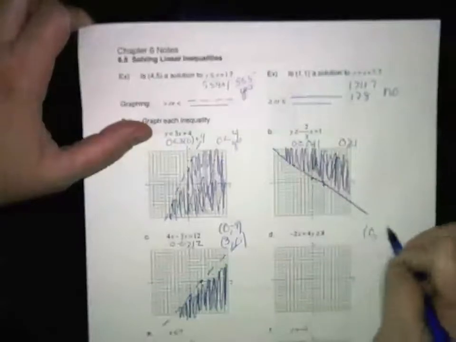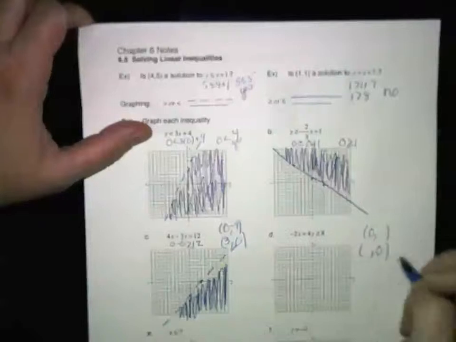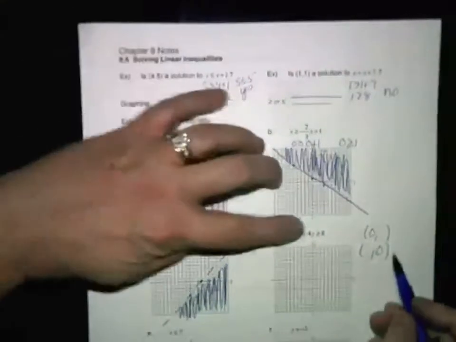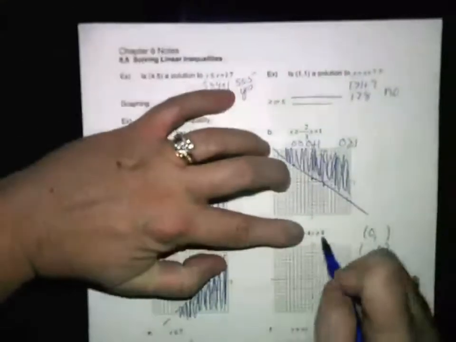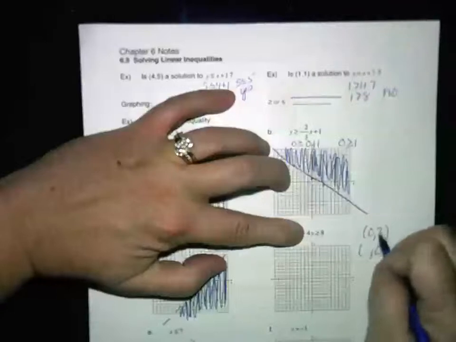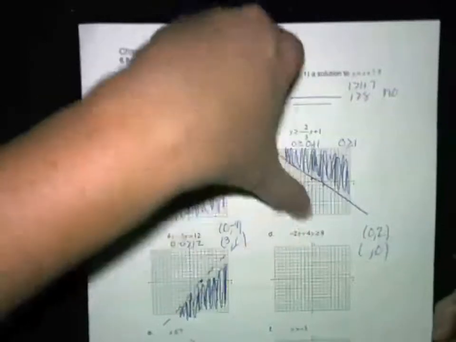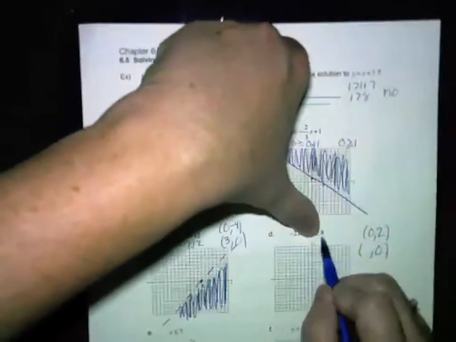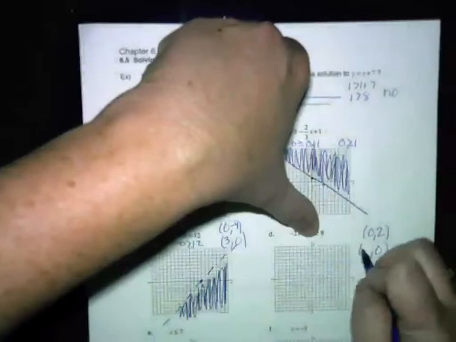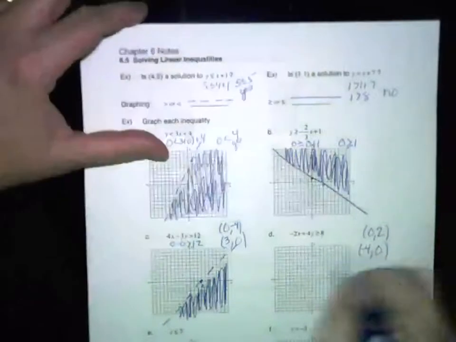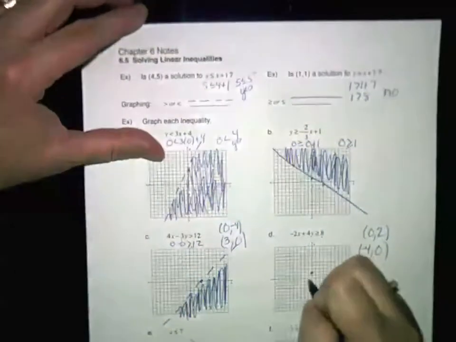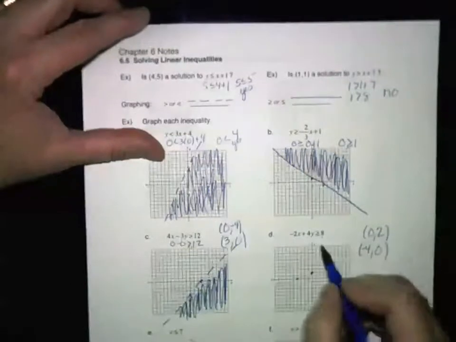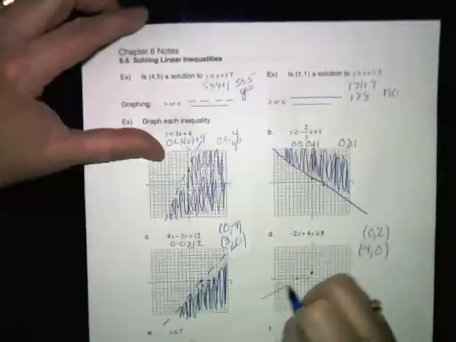Letter D, to graph the line. If x is 0, 8 divided by 4 is 2. If y is 0, 8 divided by negative 2 is negative 4. 0, 2 and negative 4, 0.